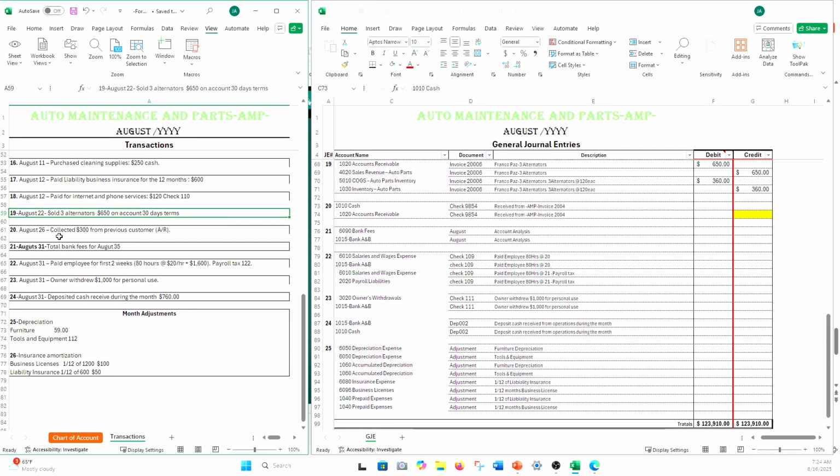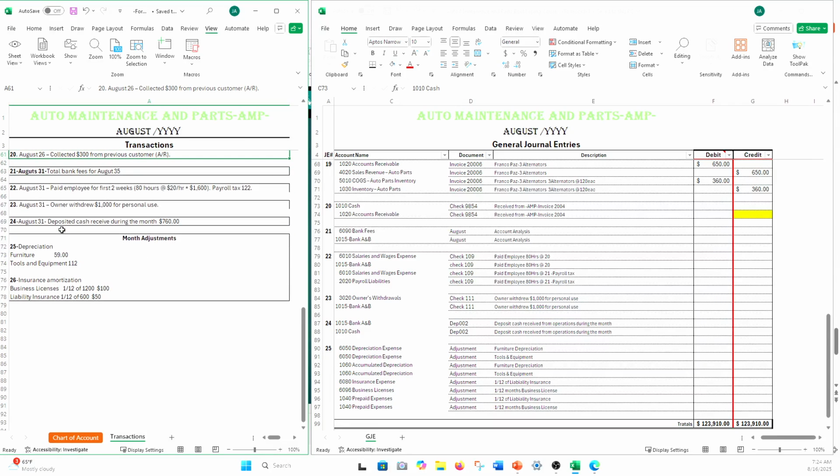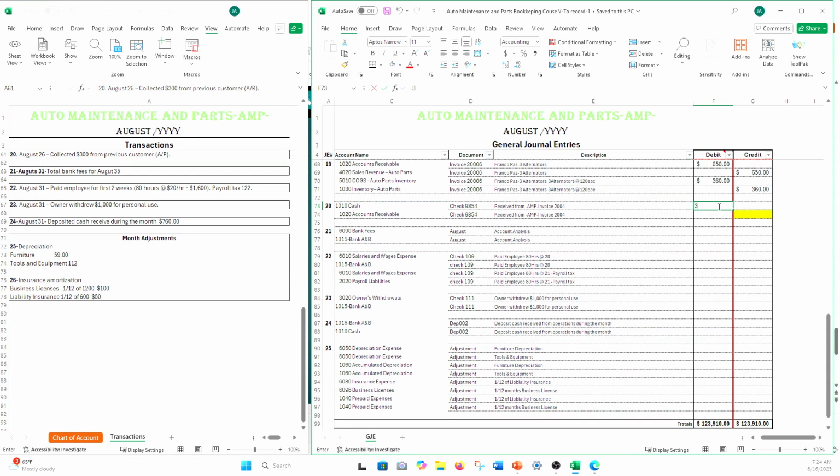In number 20, it says that August 26, we collect $300 from a previous customer. Let's assume that this customer, Franco Paz, paid $300. So what we have to do here, we receive $300, we put debit to cash, and we reduce the accounts receivable because he already paid $300.